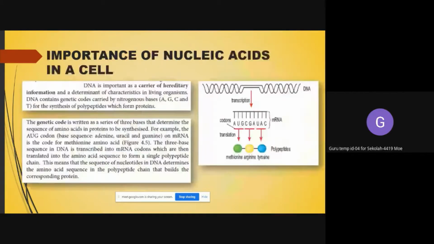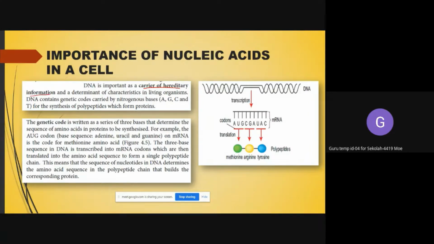So, importance of nucleic acid in cell. Apa kepentingan nucleic acid dalam sel? Nucleic acid basically untuk synthesis of polypeptide which form protein. So DNA is important as a carrier of hereditary information.